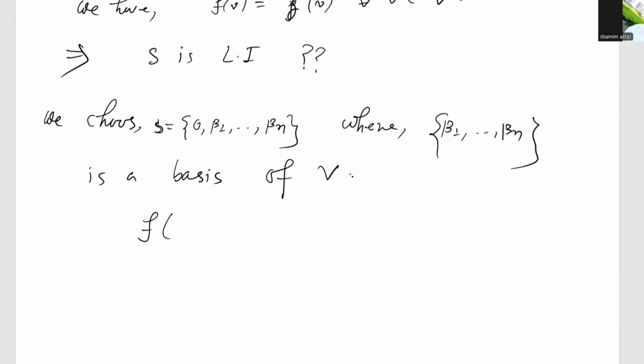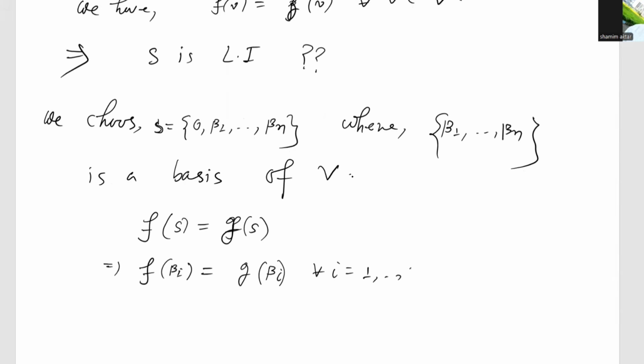Now given f of S equal to g of S, so that is f of beta i equal to g of beta i, for all i equal to 1 to n, and also f of 0 equal to g of 0.